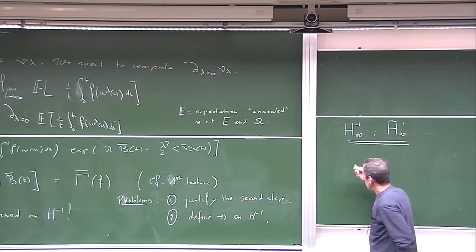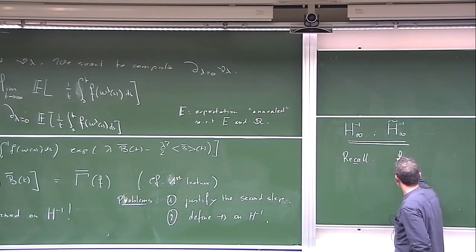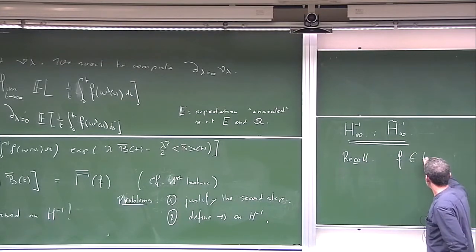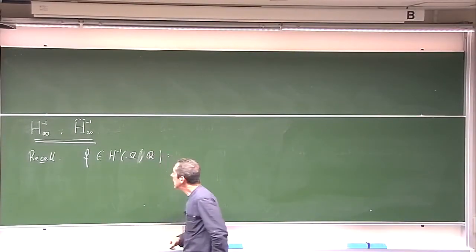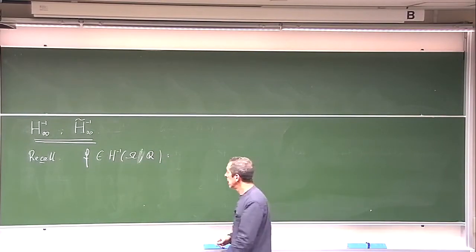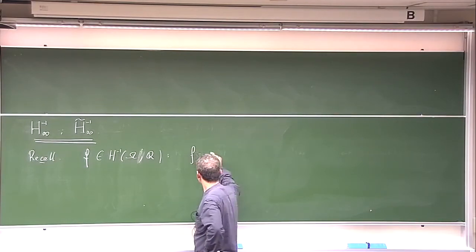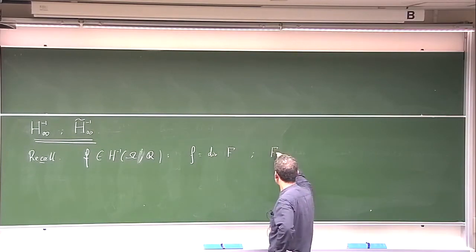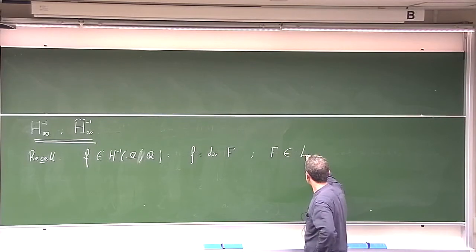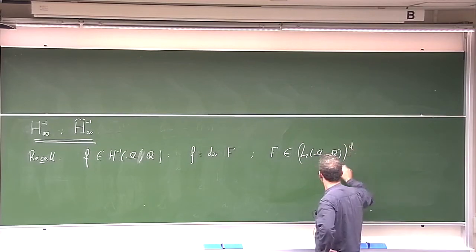So let me recall from the first lecture, from the definition of H-1, that given an f in H-1, H-1 is always H-1 of omega, actually it's H-1 of omega and q. An object in H-1, a distribution in H-1, is of the form small f equals div big F, where the big F is an element of L2. So L2 will always be L2 of omega and q to the power d.